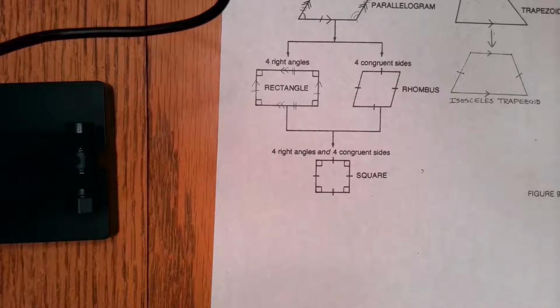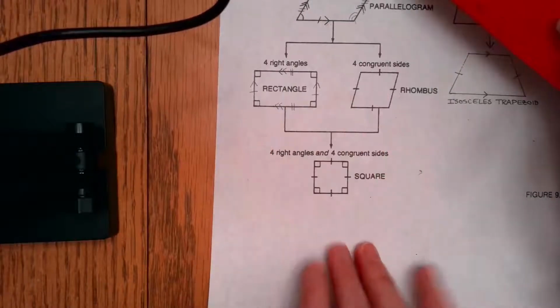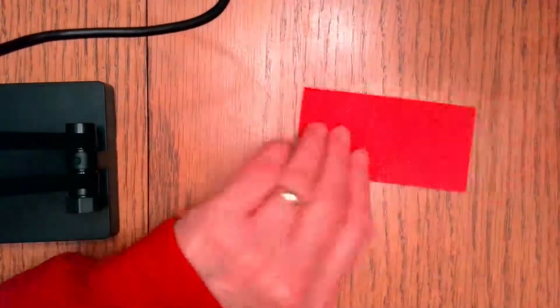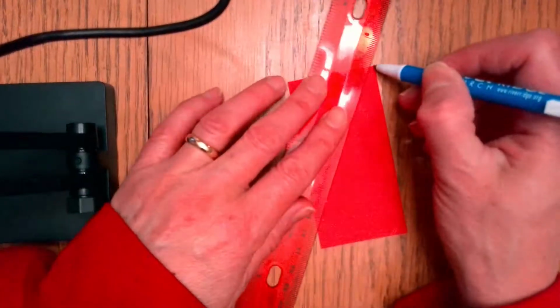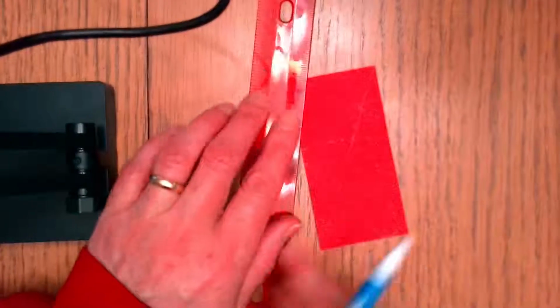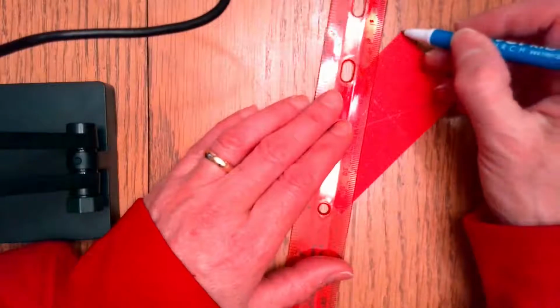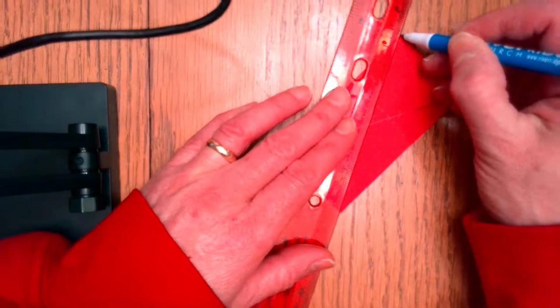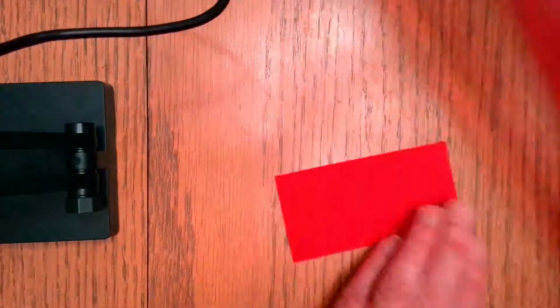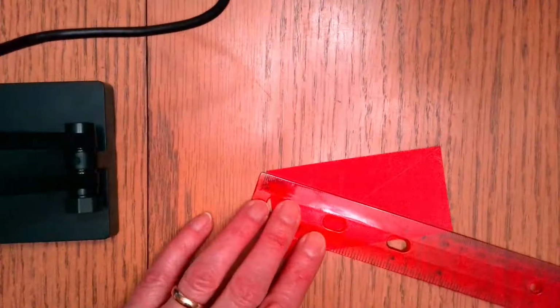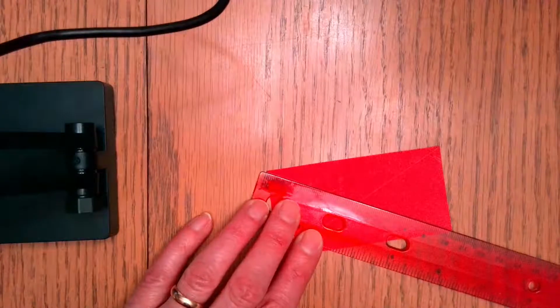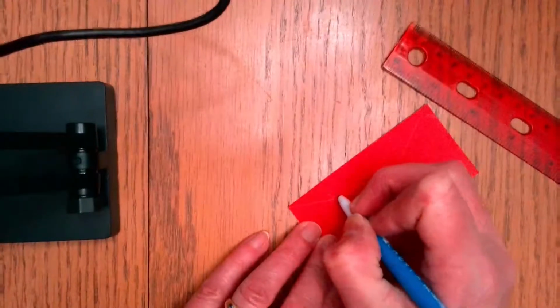Now with that rectangle, the interesting thing is those diagonals, they do not necessarily bisect each other anymore, because take a look at this rectangle, and when I flip it over and I make that diagonal going from here to here, and I make the other diagonal going from here to here, if I measure from here to here, I will get 5.1 centimeters.